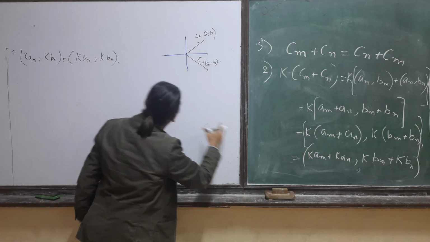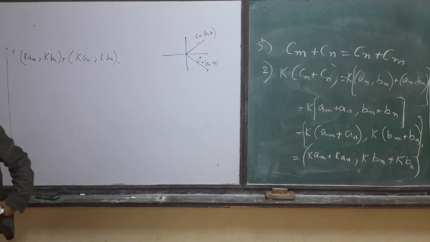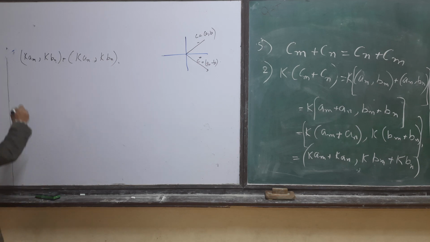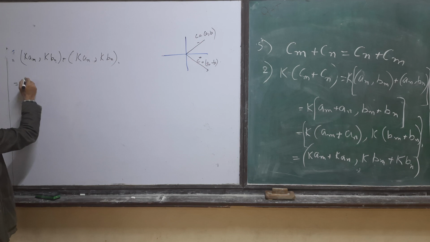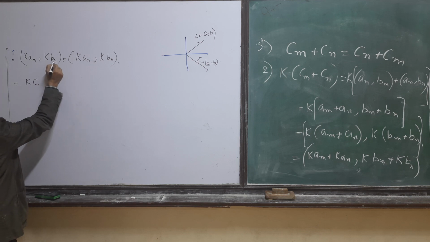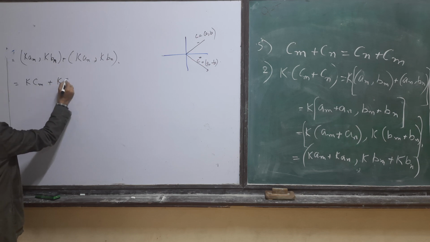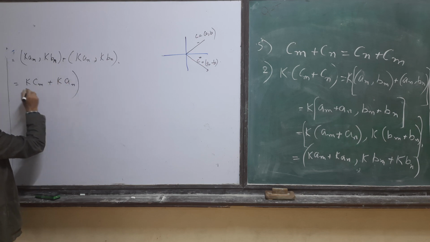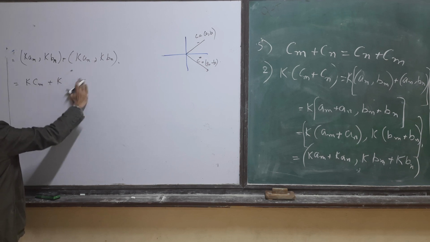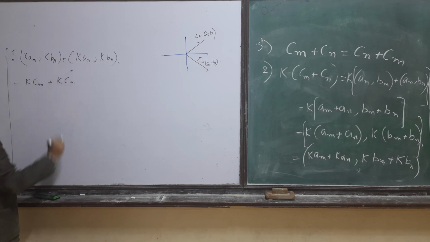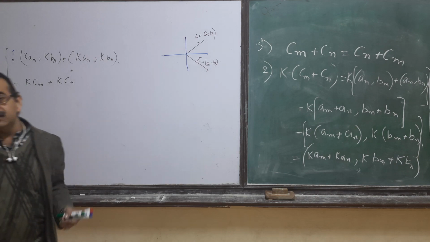This is the property of the addition rule. And what is this? K times Cm plus K times Cn. Okay, so this property also holds.